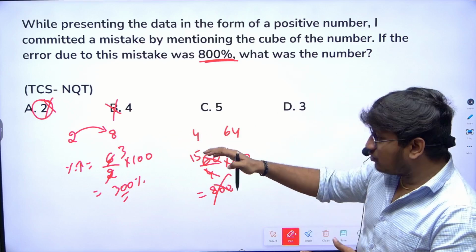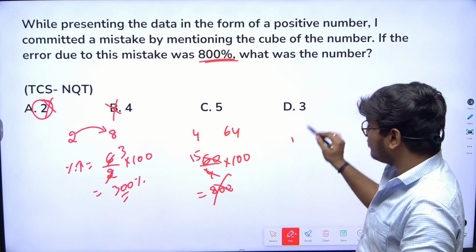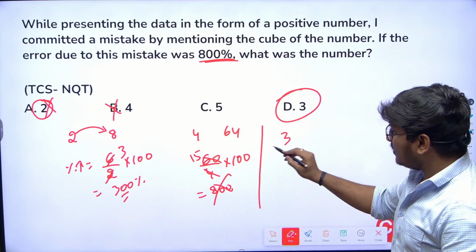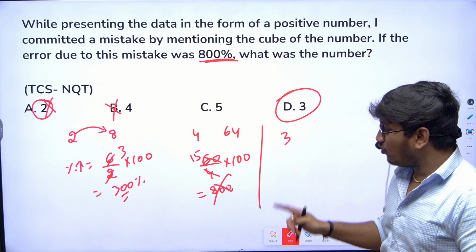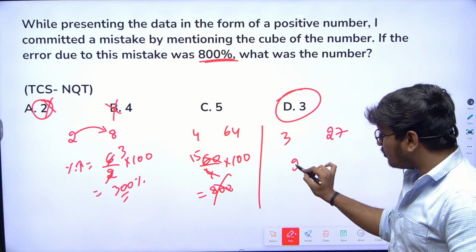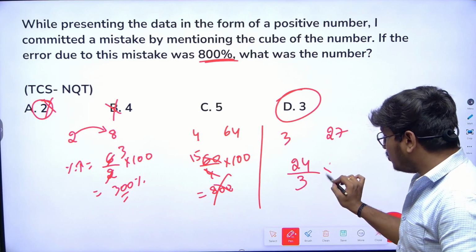So likewise, if you keep on checking, it's very simple to cross check the values as well. If I consider option D is 3, so the actual number is 3. If I enter cube of that number, what is 3 cube? 27. What is the difference here? 24 by, from which value it is getting increased? 3 into 100.